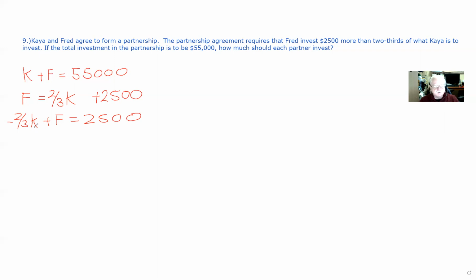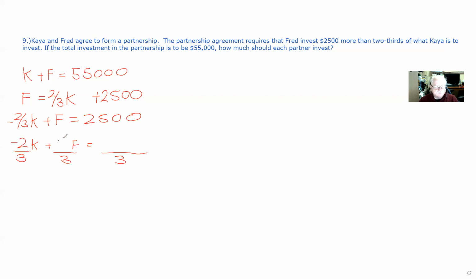In order to do that, we're going to put everything over 3. So we'll have something over 3 times K plus something else over 3 times F being equal to something else over 3. So here, we already know this is -2.